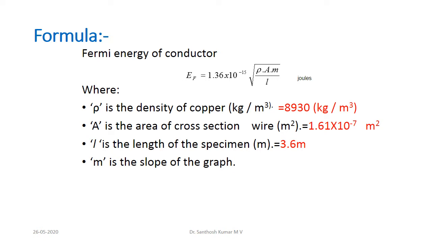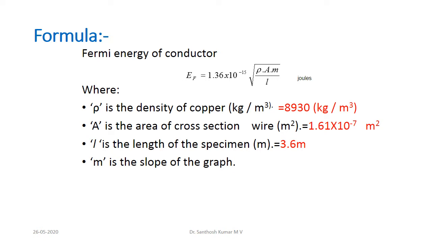Here rho is the density of copper in kg per meter cube, which equals 8930 kg per meter cube, and A is the area of cross section of the wire in meter square, which equals 1.61 into 10 raised to power minus 7 meter square. This is also a given factor.